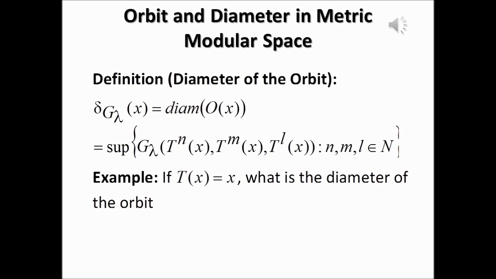So the supremum of that set is going to be the set consisting of just 0. So the diameter of the orbit of x is going to be equal to 0.